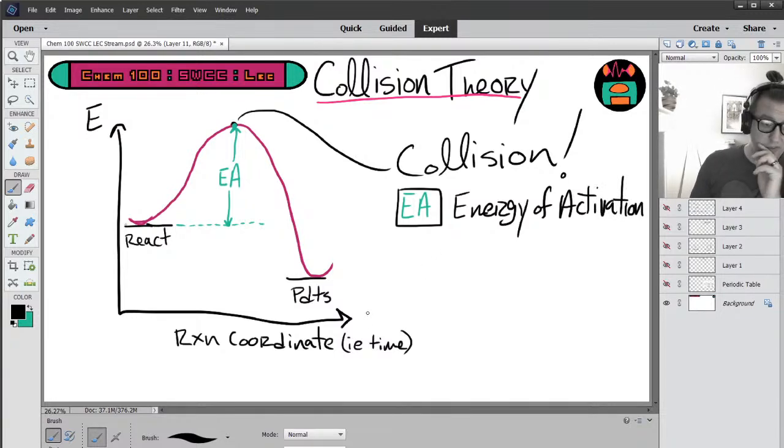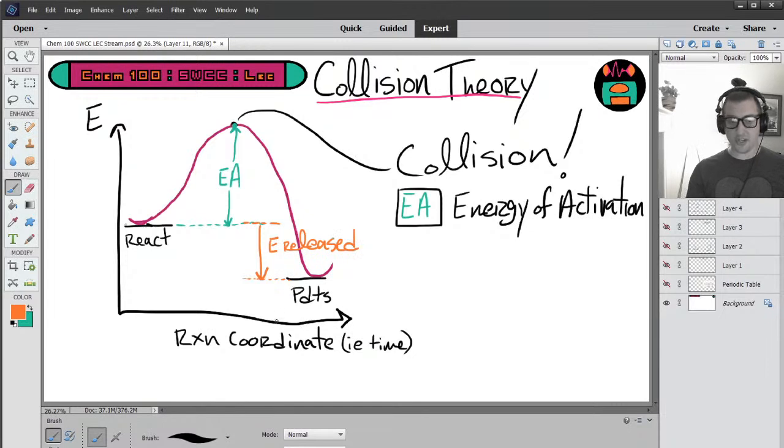That's not the only thing we get off of this graph. If you measure the difference between the reactants energy level, where the reactants are and where the products are, you can see that here for this graph, the products are lower, and this is the energy released by the chemical reaction, because your products are lower in energy than your reactants.